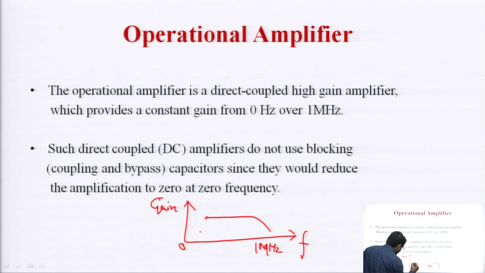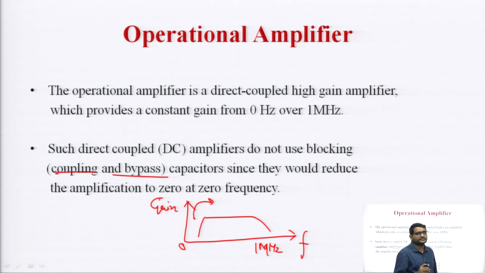Gain will start decreasing at the lower frequency, and this decrease of gain at lower frequency is due to blocking by the coupling capacitor and bypass capacitor. Then he says that we never use the coupling capacitor and bypass capacitor in the internal structure of an operational amplifier. We avoid these two capacitors.